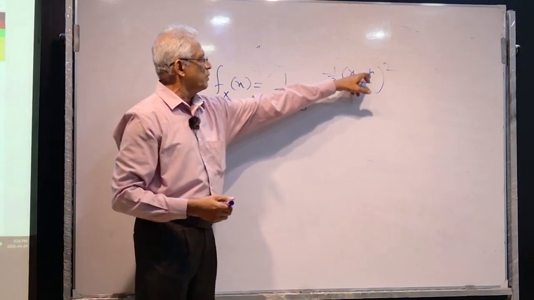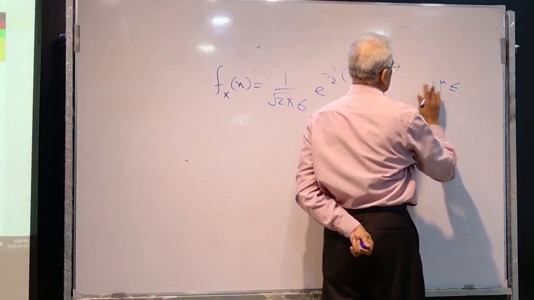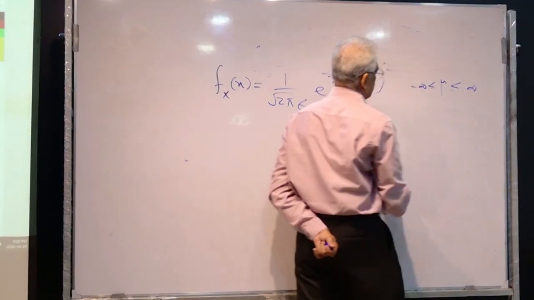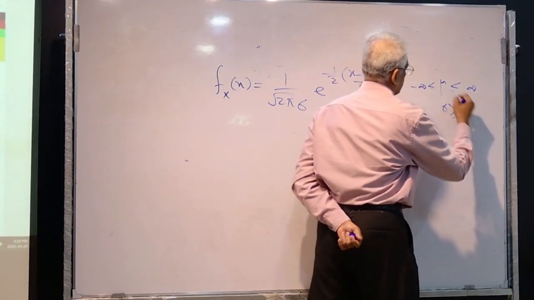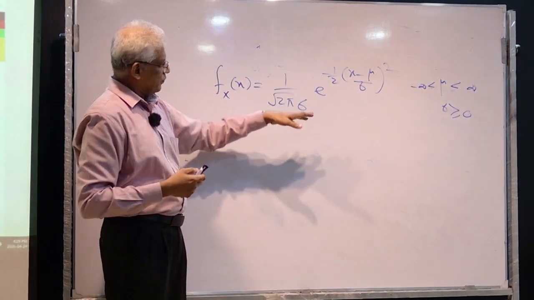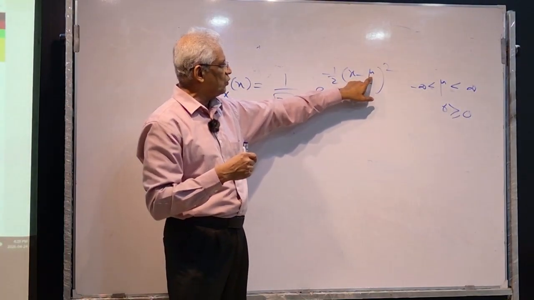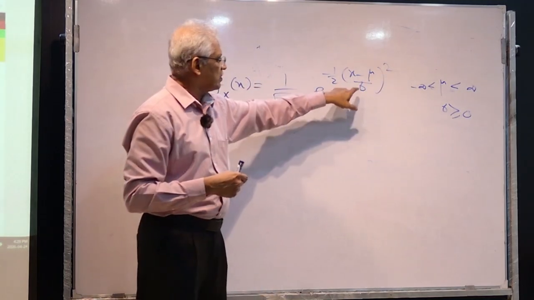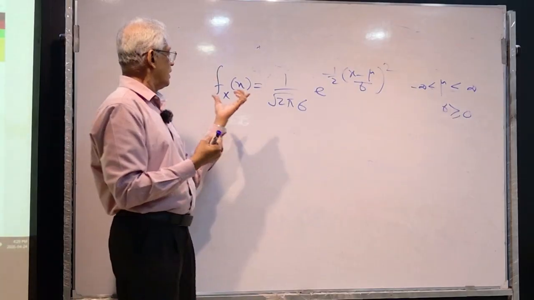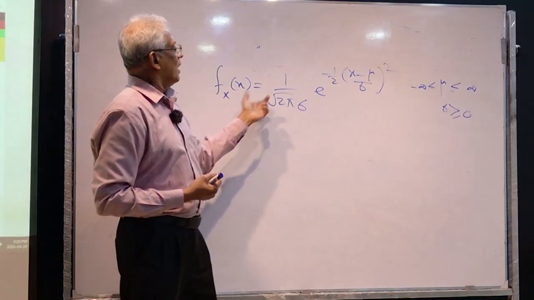In this case, mu can be any value between minus infinity and plus infinity. Sigma has to be greater than 0. So by fixing a value for mu in this range and a value of sigma in this range, we get one member of this family. So this is actually a family, right?